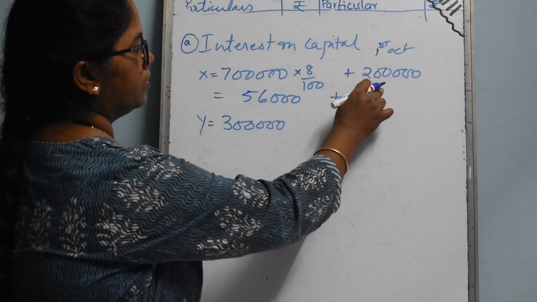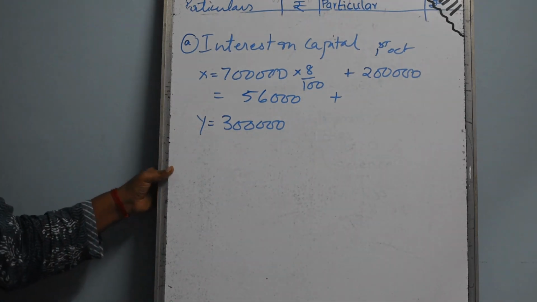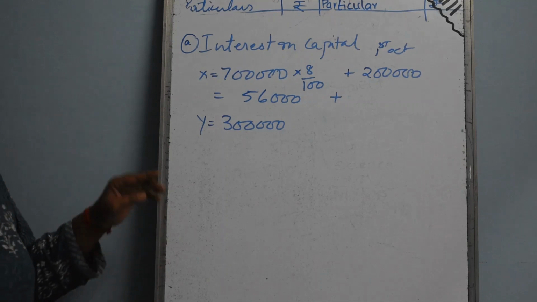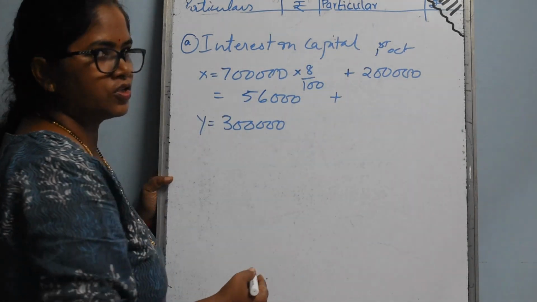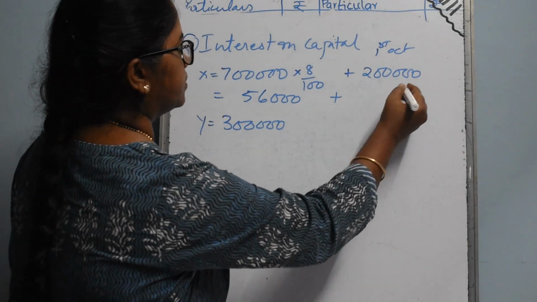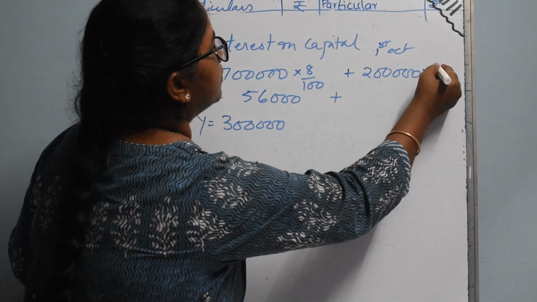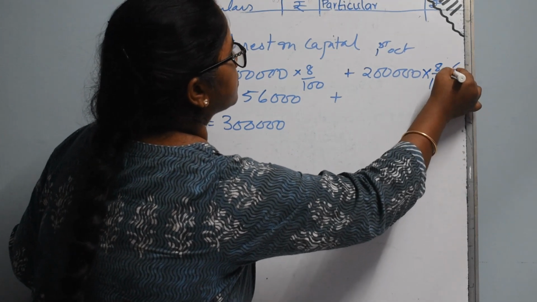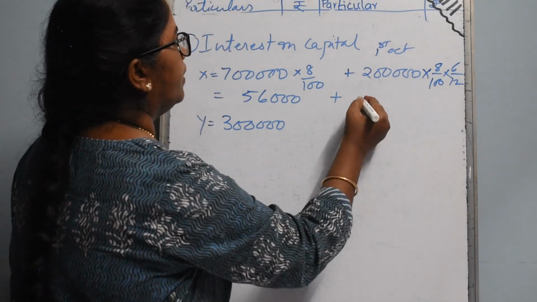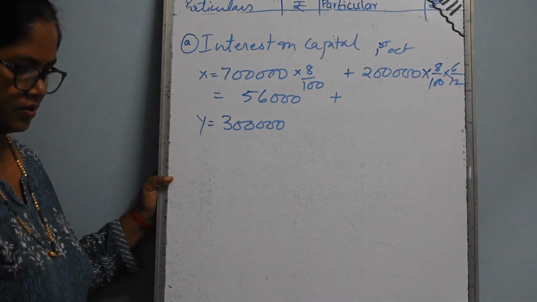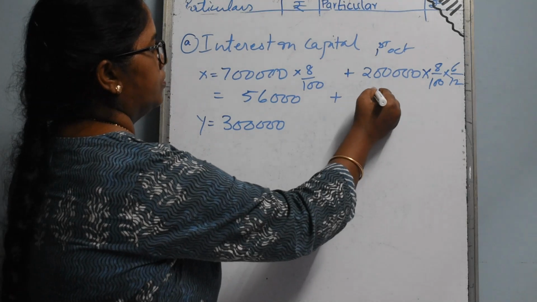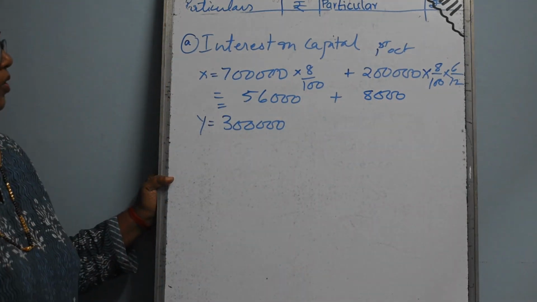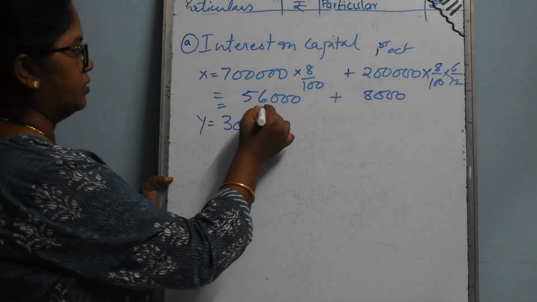And on the 2 lakh, we have to calculate at 8% per annum for 6 months because he brought it on 1st October. So 2 lakhs multiplied by 8%, multiplied by 6 upon 12, and the answer is 8,000. So total interest on capital for X is rupees 64,000.